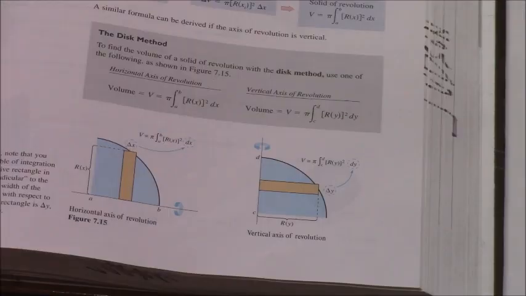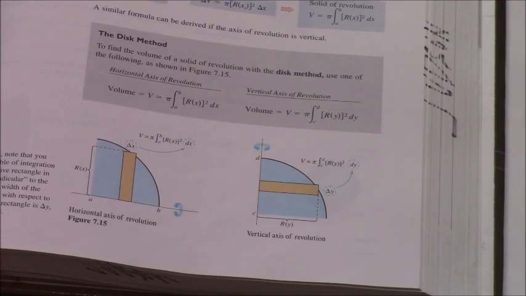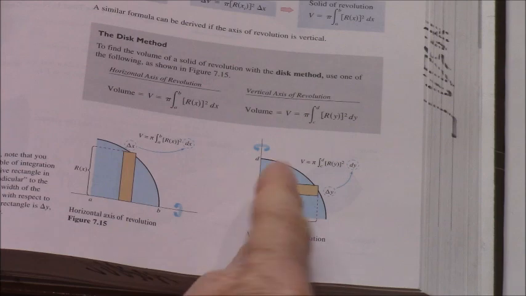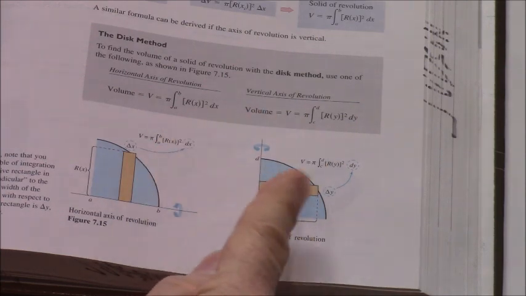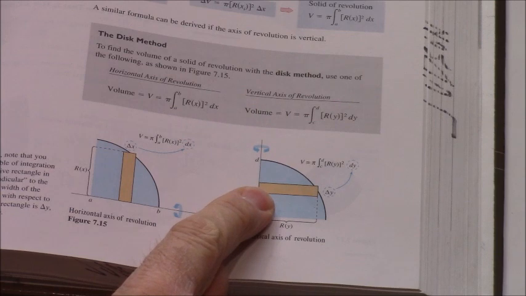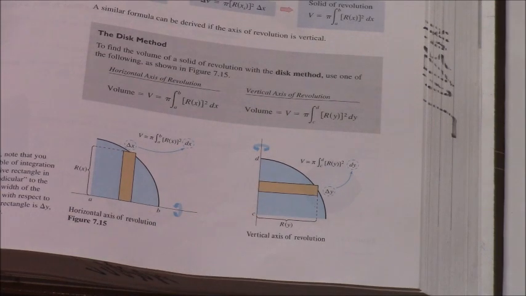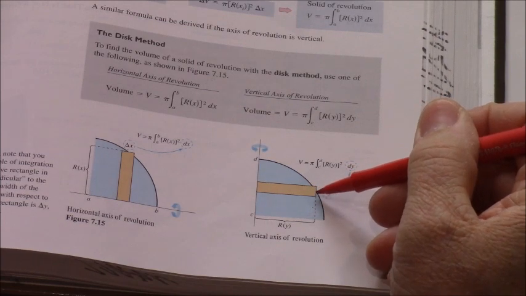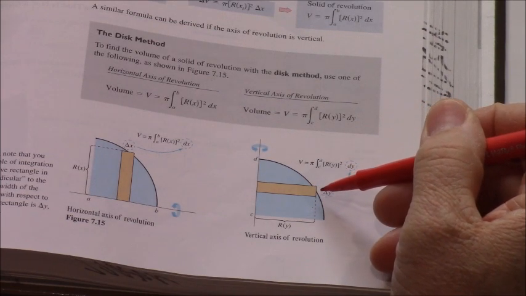Let's take a look. One more thing. Remember how when we were doing our area between two curves, sometimes we had sideways rectangles? Well, sometimes we're going to wrap this around a vertical line, and what we get is sideways disks. And so when that happens, we're going to call this the thickness. We have to think of that as our dy value.